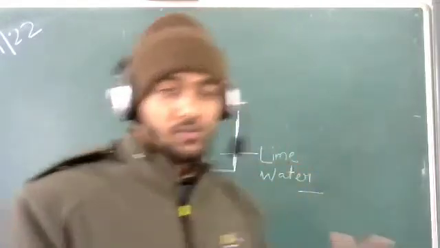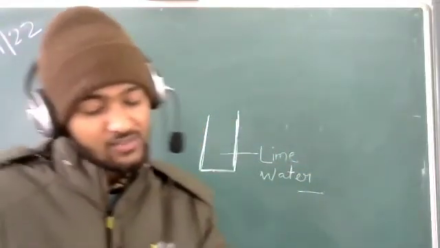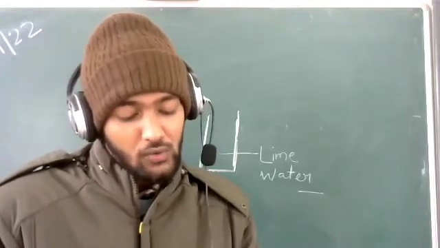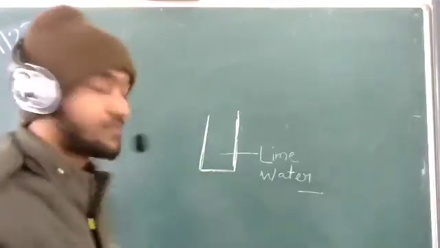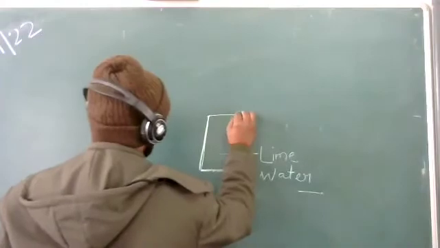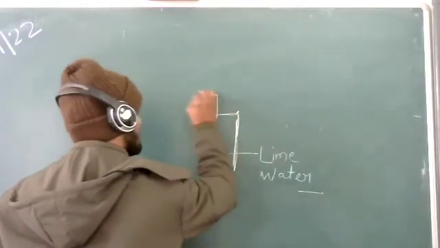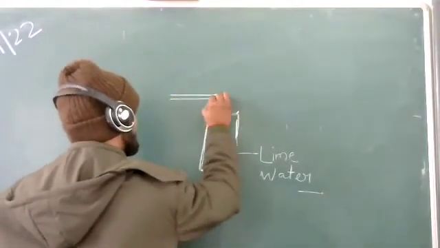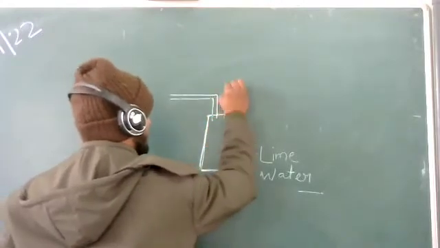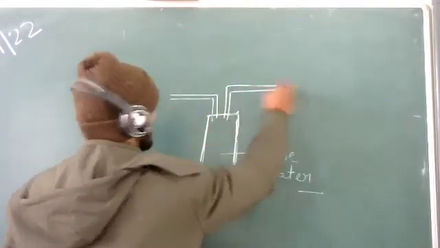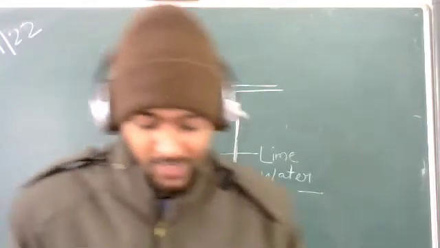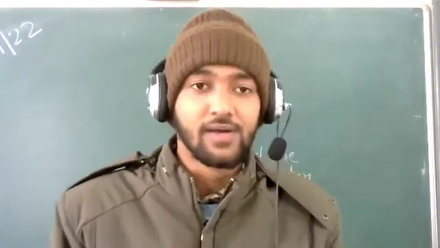Take some fresh lime water in a boiling tube and close it with a 2-hole cork. You can see page number 71, figure 6.5. There are 2 delivery tubes as shown in the figure.